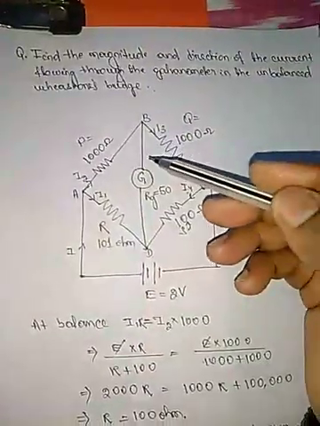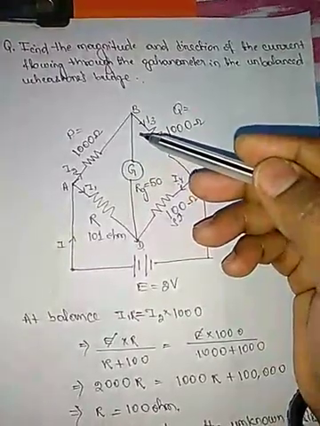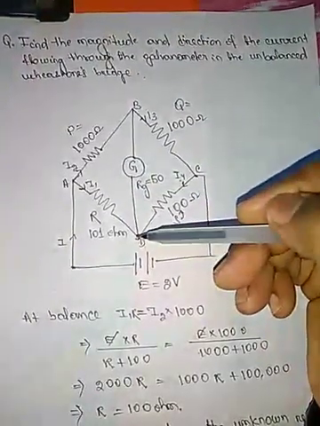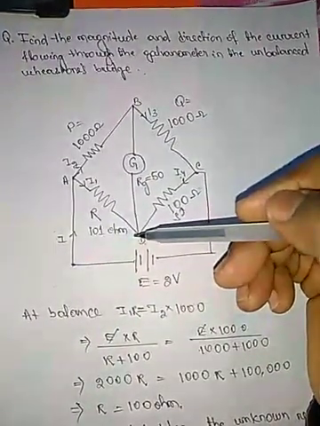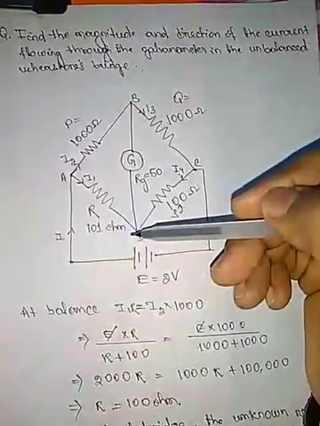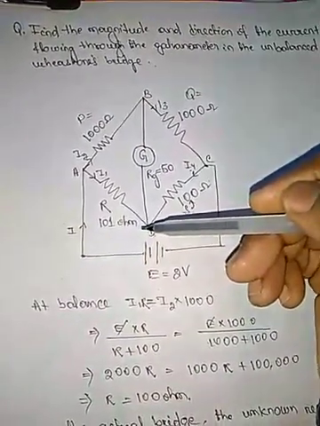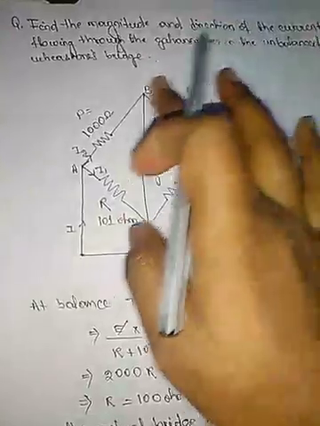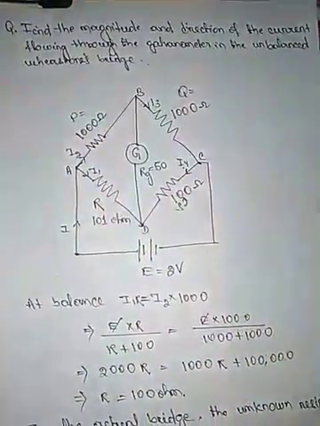Next, as my question is to find the current flowing through the galvanometer, how do you proceed? For that, you draw Thevenin's equivalent circuit for this bridge. How do you draw it?